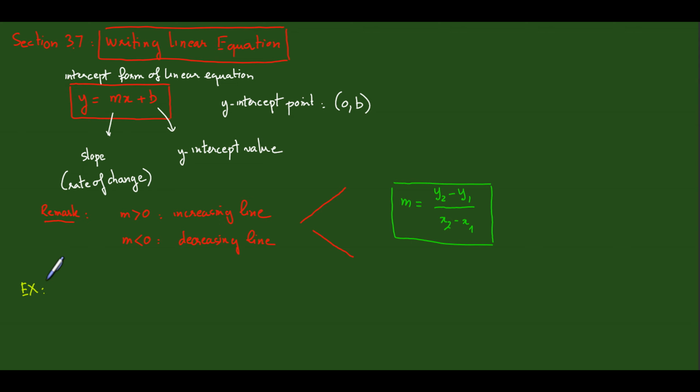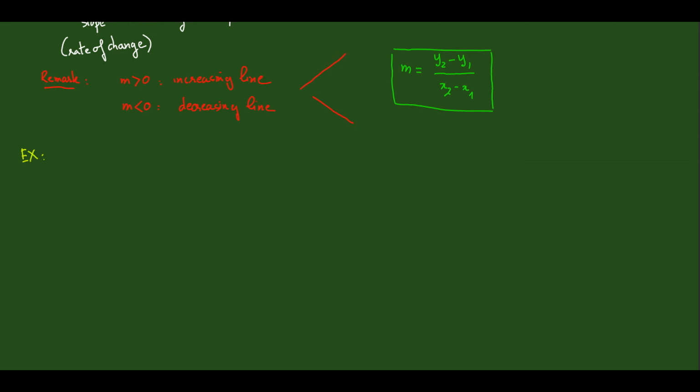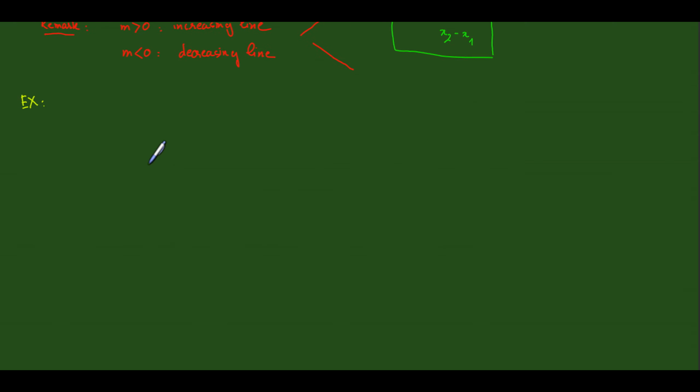So I give you a set of data. This data is collected randomly. I have a table of data, something like this.